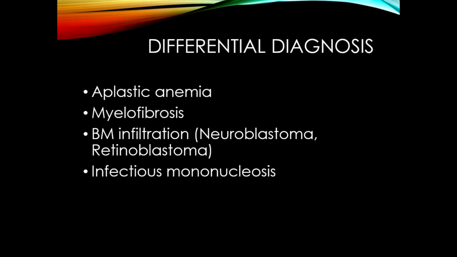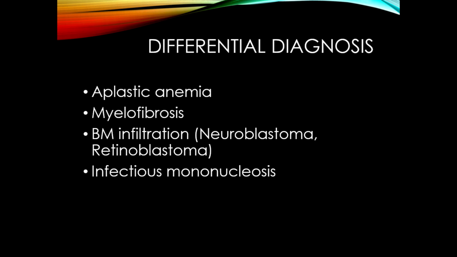What about the differential diagnosis? Whenever we have a patient with all these symptoms mentioned previously, a differential diagnosis could be aplastic anemia, as these patients as well will present with anemia, with thrombocytopenia features like bleeding, and with evidence of infection. It could be just aplastic anemia.